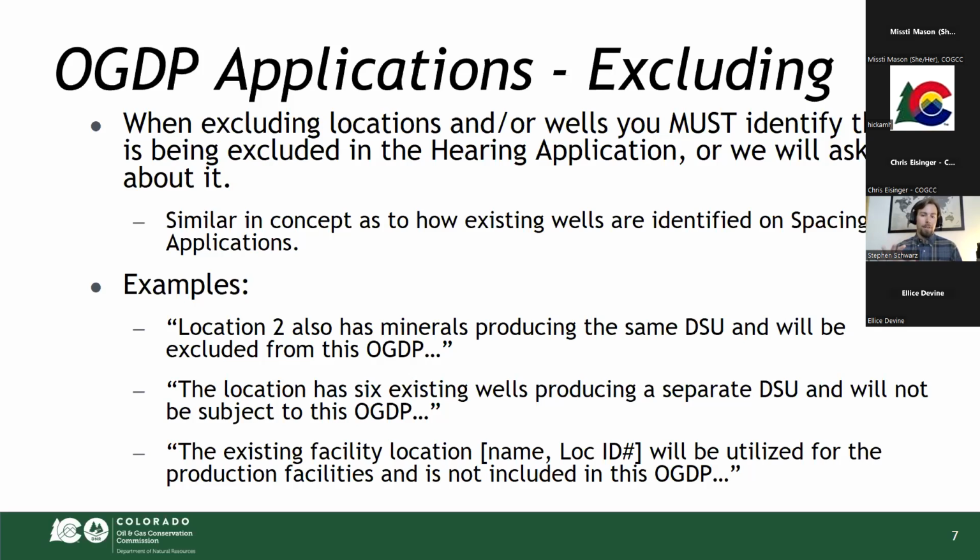You've identified that there are existing wells producing separate lands and minerals and they're not being subject to the OGDP. And then finally, an existing facility location will be utilized for production facilities, but is not being included in this OGDP. So these are examples of where we want these other locations or wells identified and explicitly excluded within the text of the hearing application.